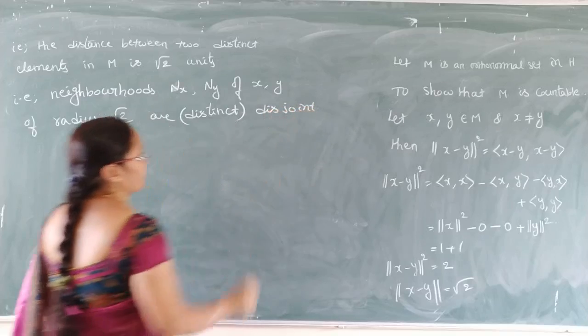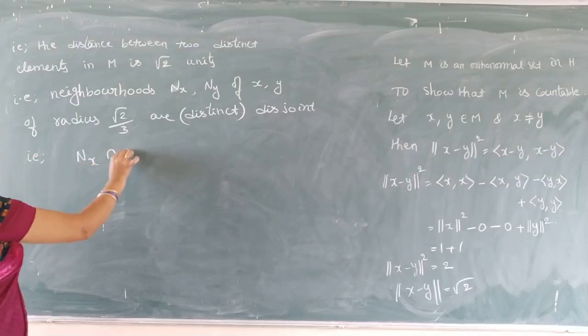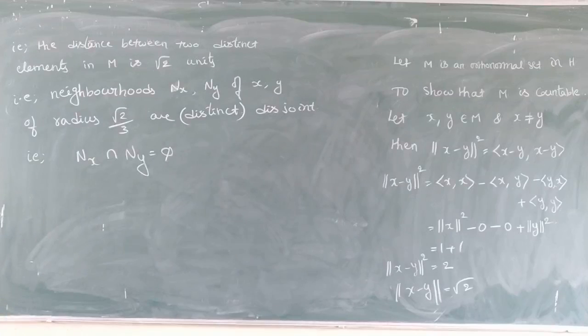Once the neighborhoods are disjoint, meaning no common elements in these two, at that time the intersection goes to empty, that is Nx intersection Ny is equal to the empty set. No chance for common elements.